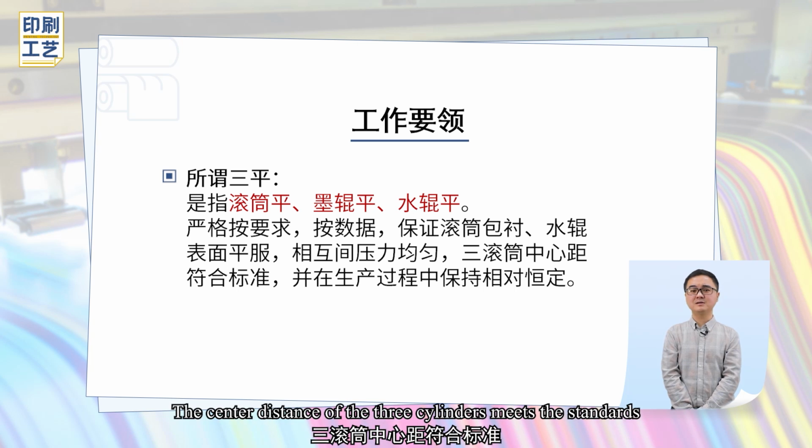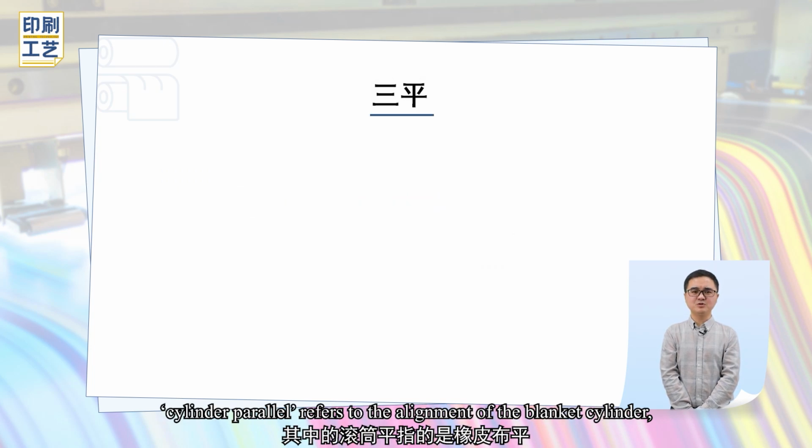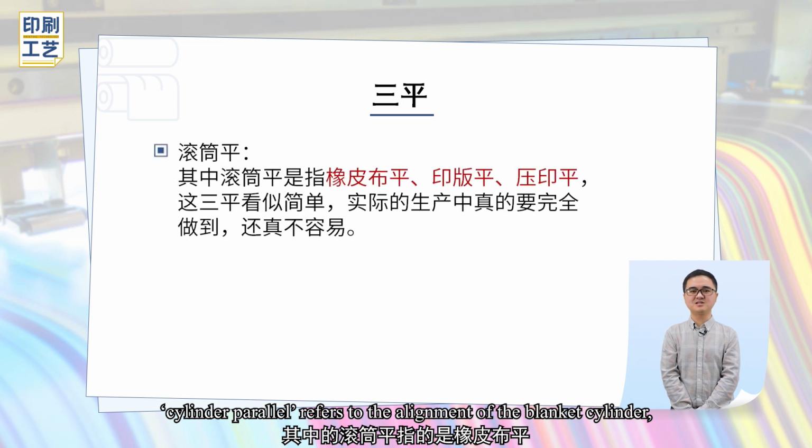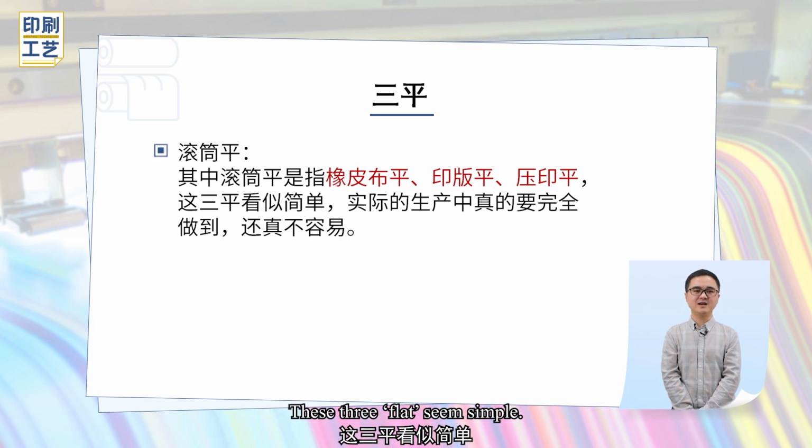The center distance of the 3 cylinders meets the standards, and it remains relatively constant during the production process. Cylinder parallel refers to the alignment of the blanket cylinder, the plate cylinder, and the impression cylinder. These 3 parallels seem simple.